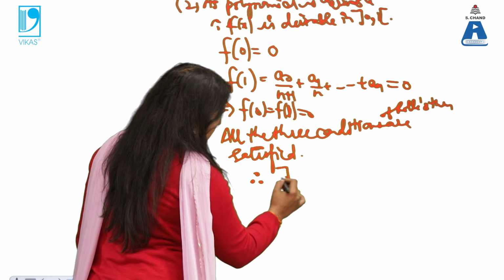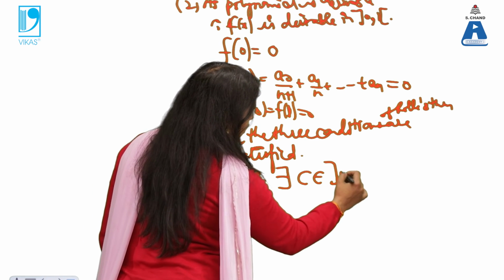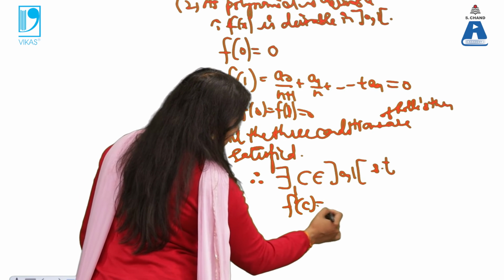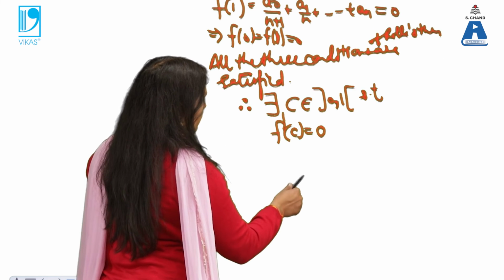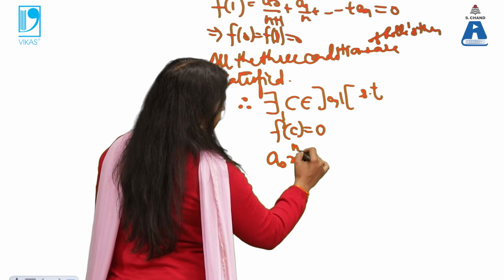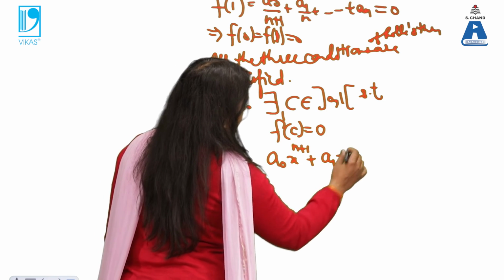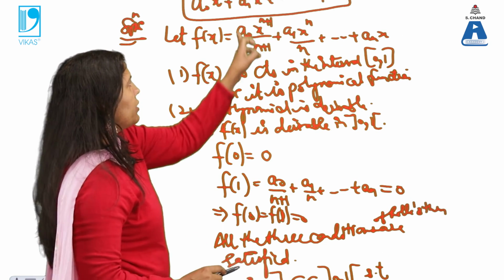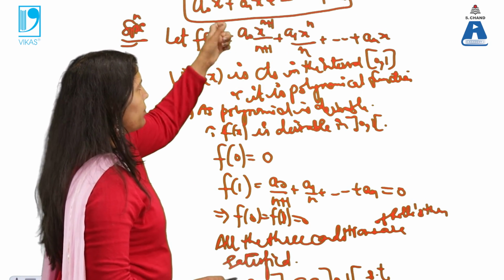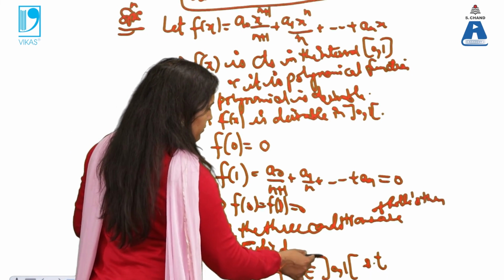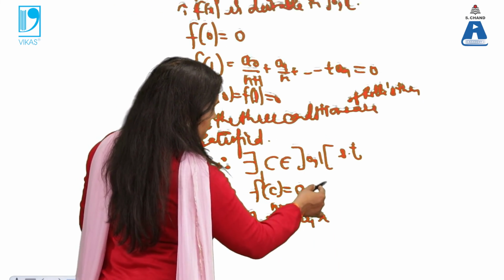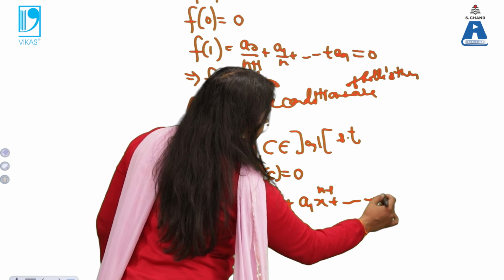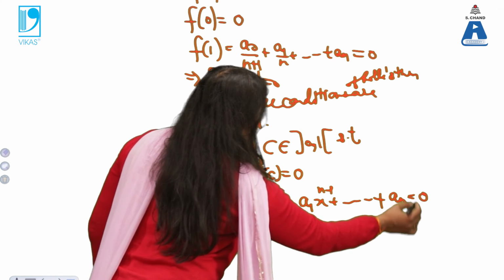Therefore, there must exist a c belonging to the open interval (0, 1) such that the derivative of the function at c will be 0, and 101% the derivative will be a0 x^n + a1 x^(n-1) and so on, because when you differentiate, the (n+1) in x^(n+1) cancels with the denominator, then a1 x^(n-1). So the first term will be a0 x^n, a1 x^(n-1) and so on, plus an, equal to 0.